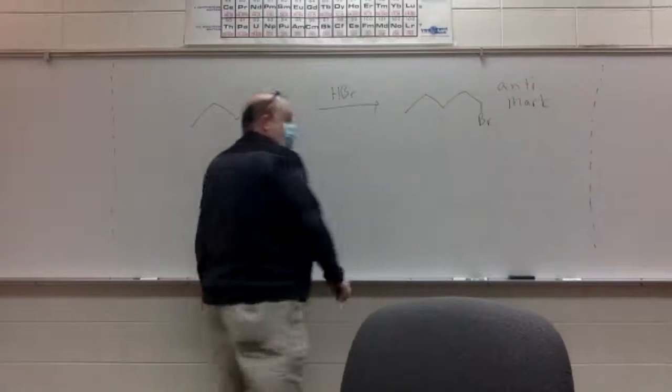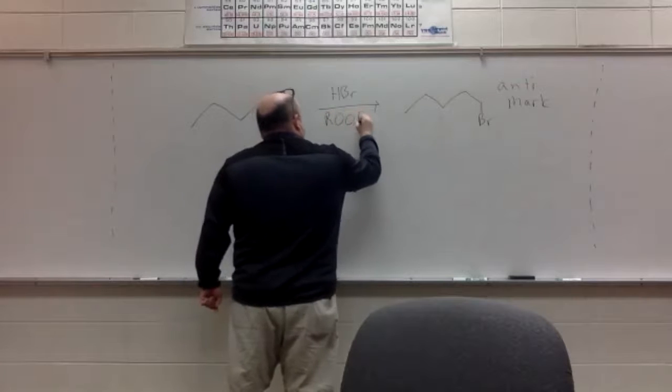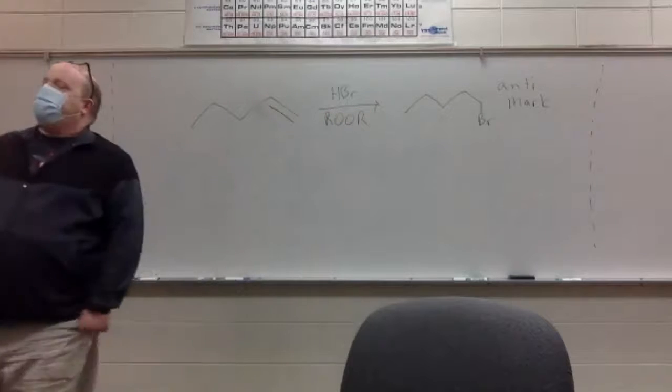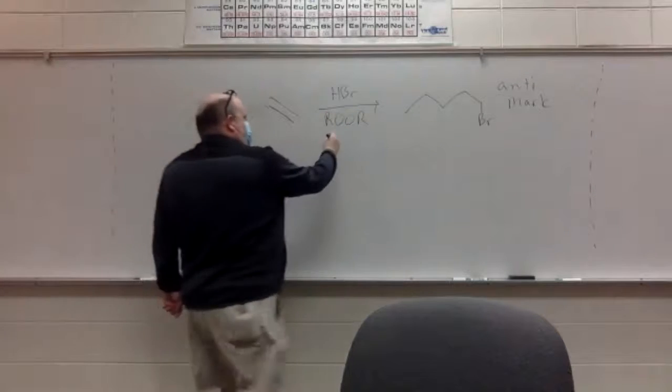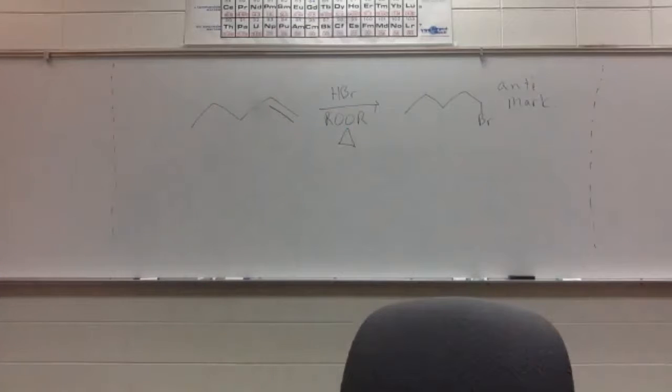So you use HBr, but you also add a peroxide, and you add some sort of energy source. We'll just use heat. By adding those items, you assure this does not go ionically; you assure that this goes radical. So that's one big thing, being able to recognize the conditions that tell you whether it's going to go ionic or radical.